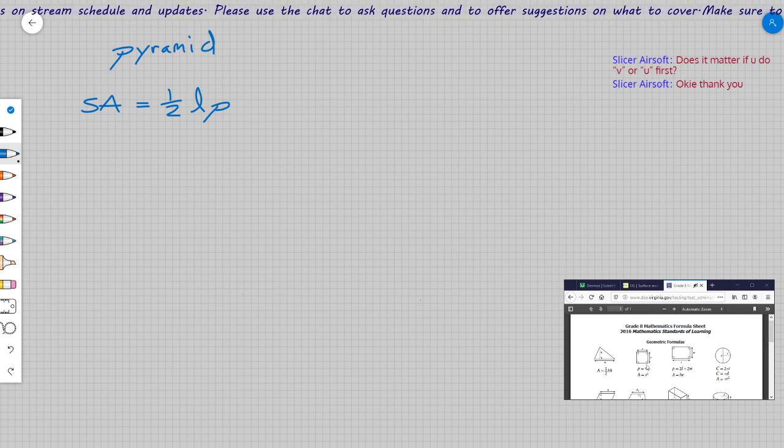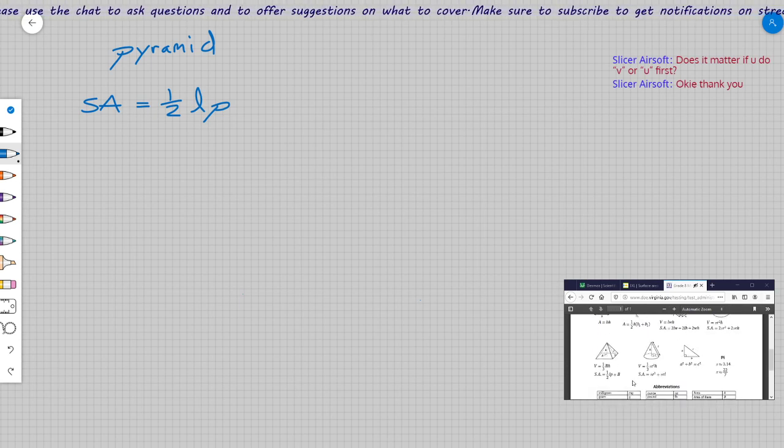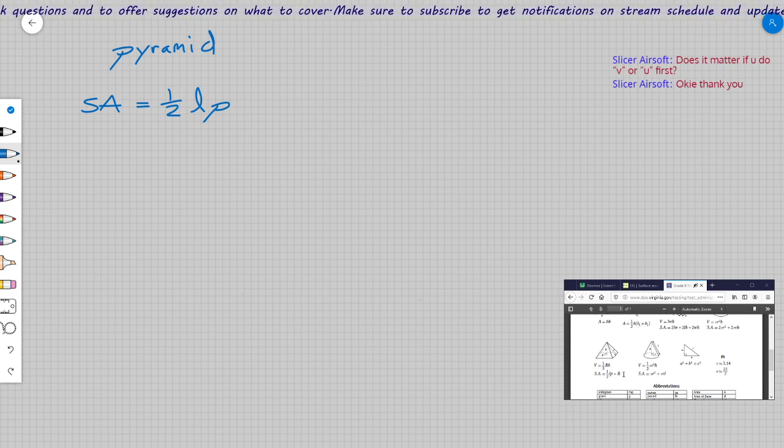If it was a square-based pyramid, it should be 4 times s, or 4 times the side length. If it is a rectangle, you could do 2 times the length plus 2 times the width, and that would still give you the perimeter of this base. And then the big B is just the area of the base. Now we're going to add that to the area of our base, and then we're going to be good to go.